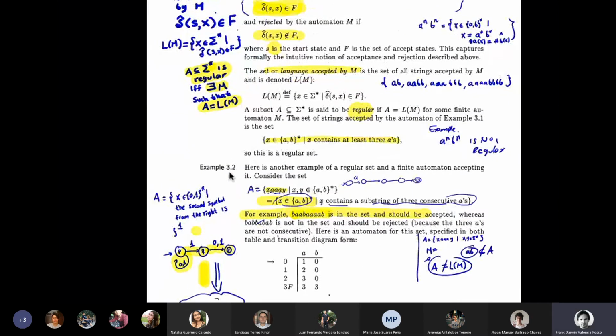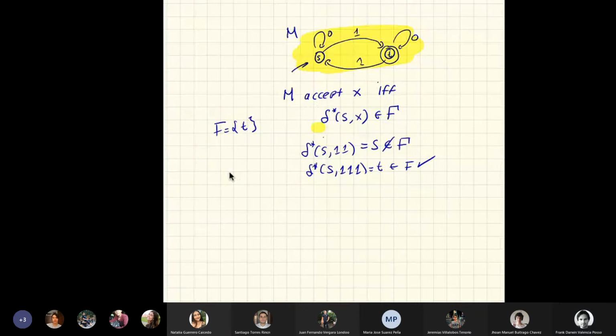Now the other thing was the language of M. The language of M, remember that intuitively we said that it was the set of all strings. In this case, for example, as Juan Fernando pointed out, they are all the binary strings with an even number of ones, right? So the language of M in general will be, how do you define this with the tools you have already?